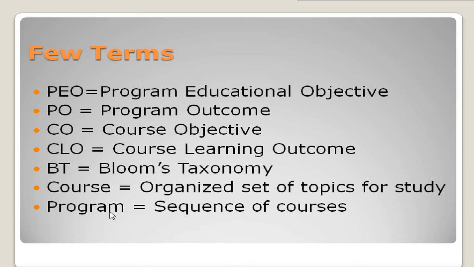So when we say a program, in the context of NBA, we mean BTech Mechanical Engineering, or BTech Electronics and Communication Engineering, or MTech Information Technology, or MTech Thermal Engineering. I just thought we need to set these definitions clear before we go any further.